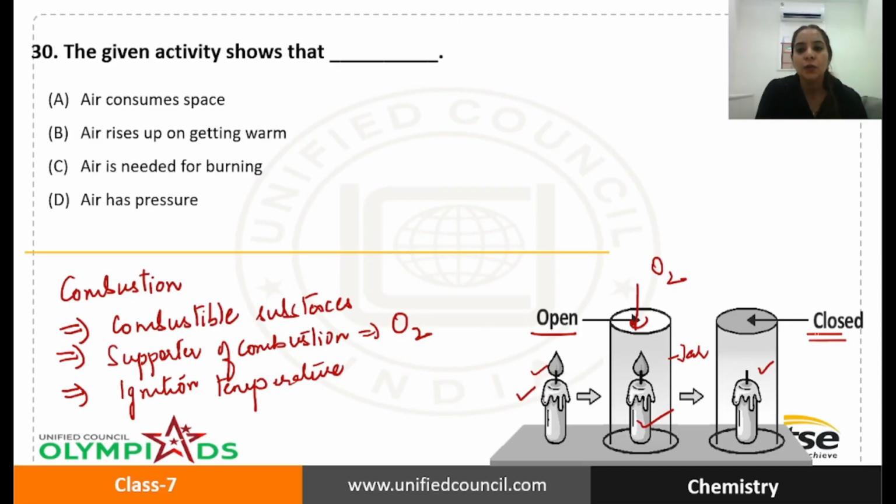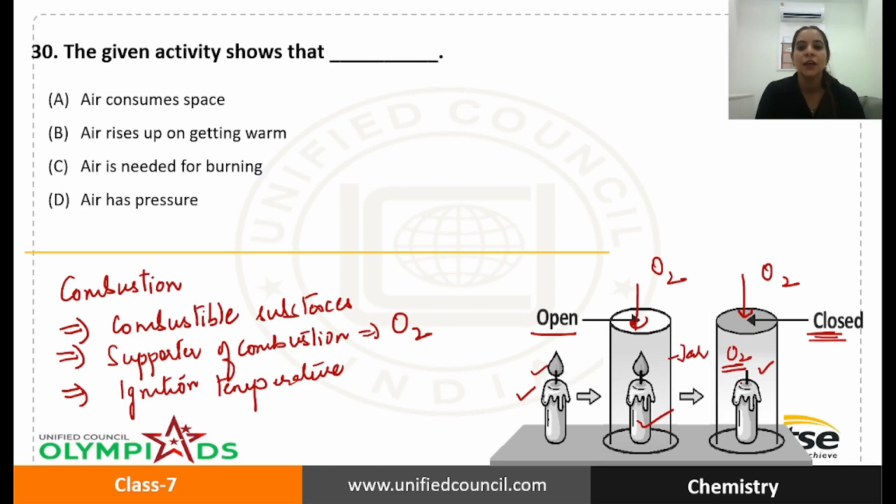Now when we close it with the lid, what will happen? The oxygen which is present is used up, and when this oxygen vanishes, there is no entry for more oxygen because the lid is closed. Because it is not getting oxygen, it gets extinguished. That is why you cannot see the flame here.